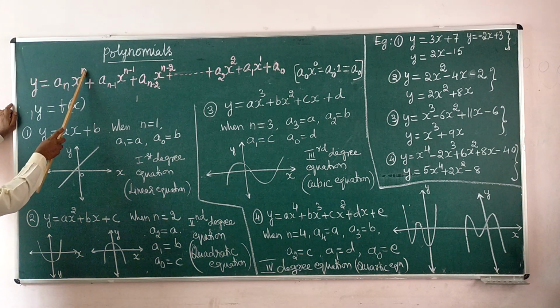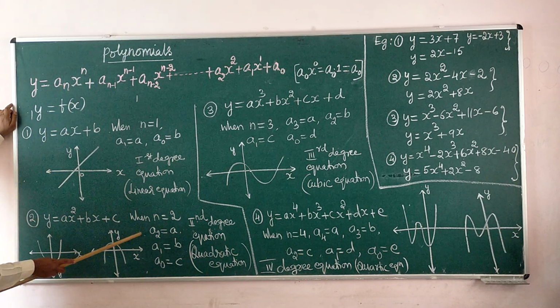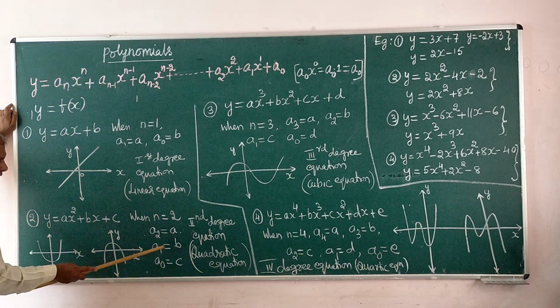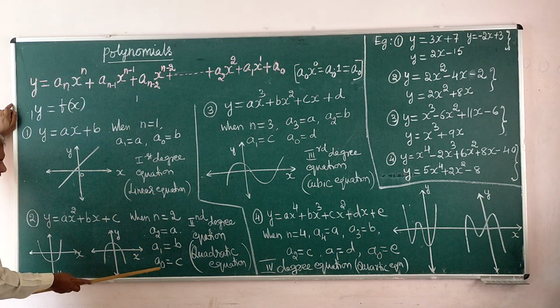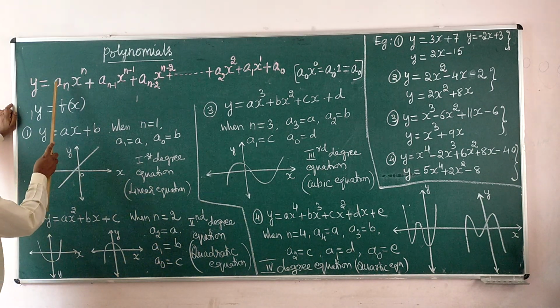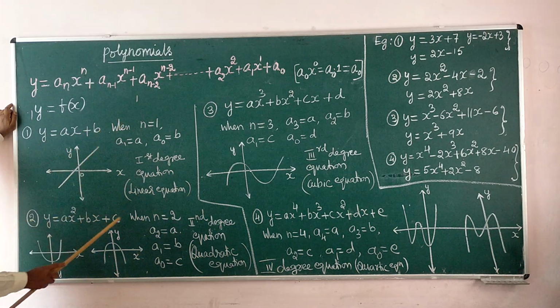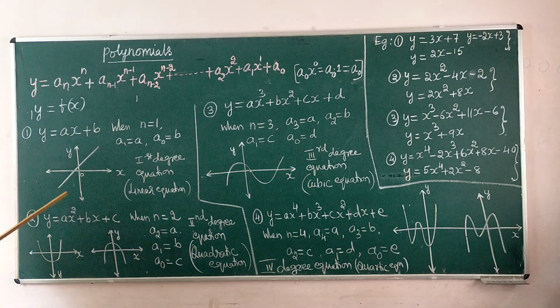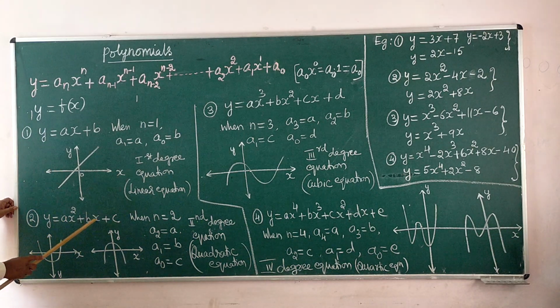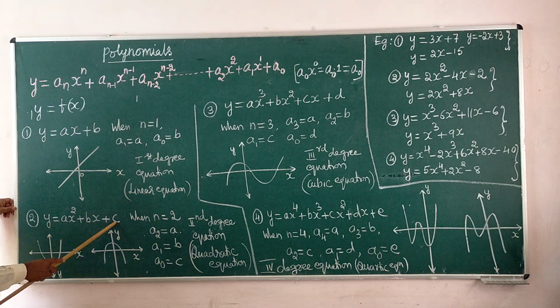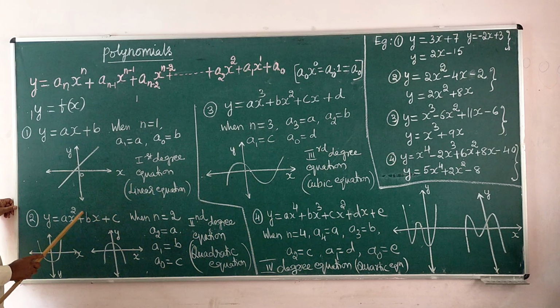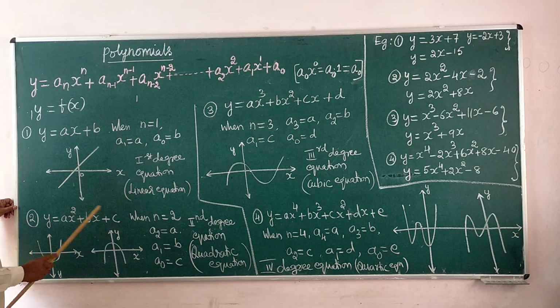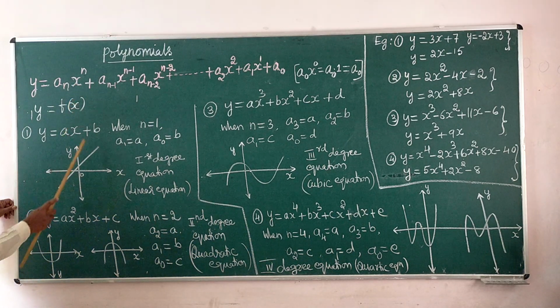Let us call a2 as a, a1 as b, a0 as c, each some real number. So x square, x to the power of 1, x to the power of 0: this is the polynomial we get.